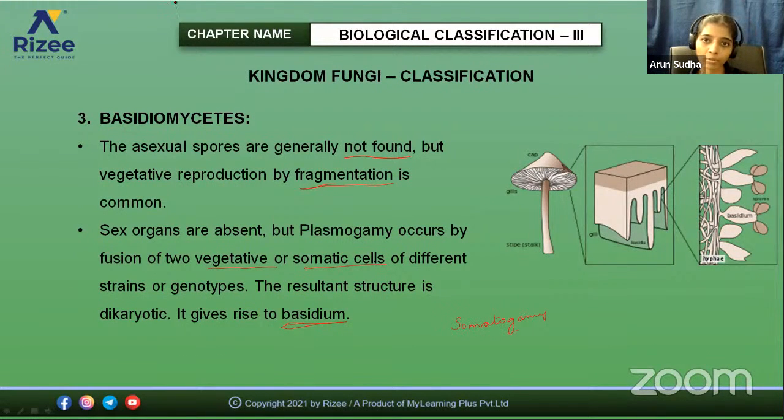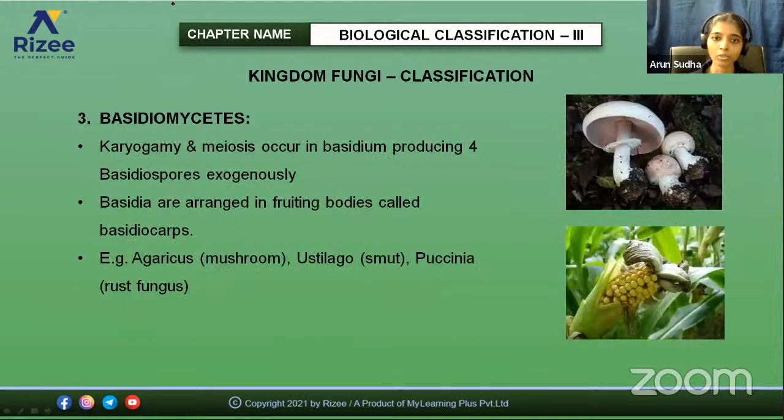So in the case of Basidiomycetes, somatogamy occurs and the resulting structure is dikaryotic and gives rise to the basidium. These are the basic steps in sexual reproduction: plasmogamy, karyogamy and meiosis. Karyogamy and meiosis occur in the basidium, producing 4 basidiospores, and here there is exogenous production of basidiospores.